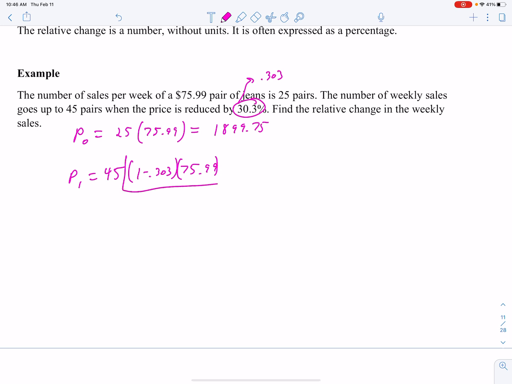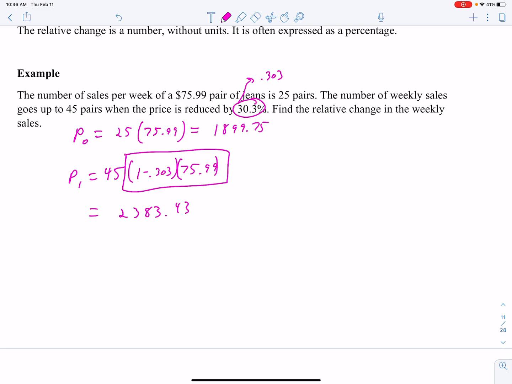So this part of the calculation represents that 75.99 reduced by 30.3%. Reduced means subtract. So let's calculate all this, and this all comes out to 2383, and we'll round 0.43.